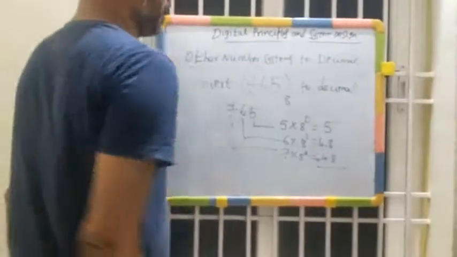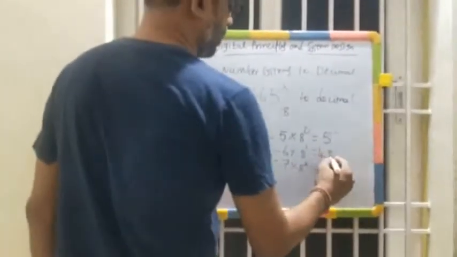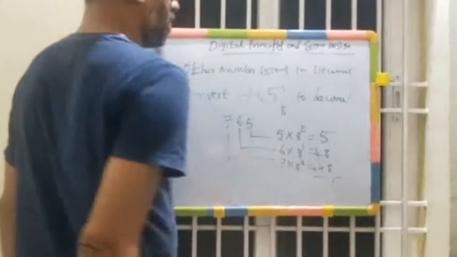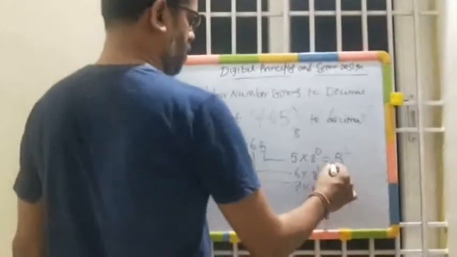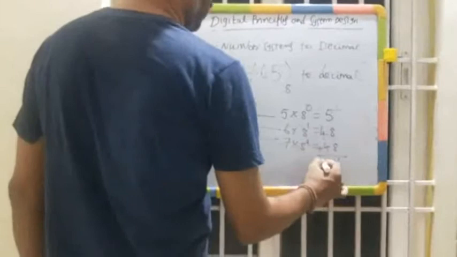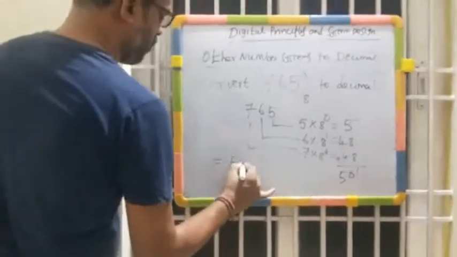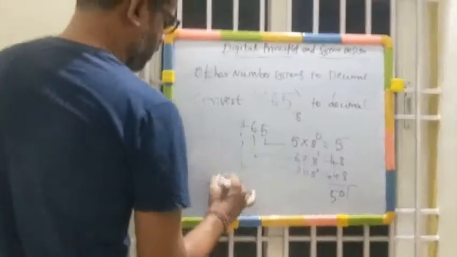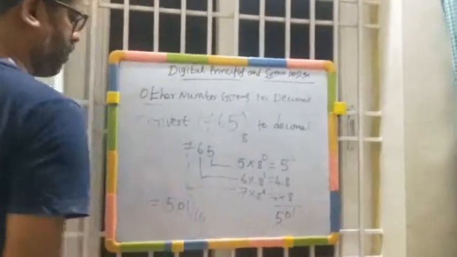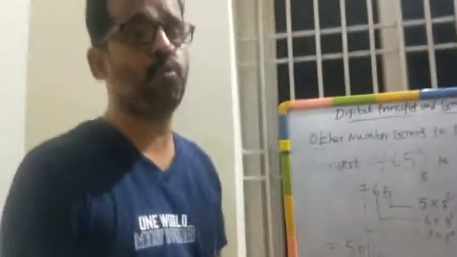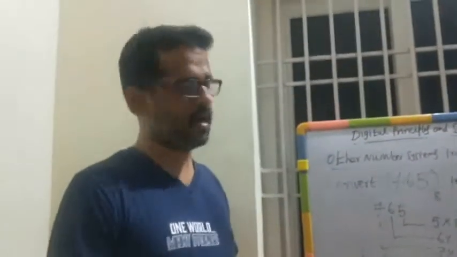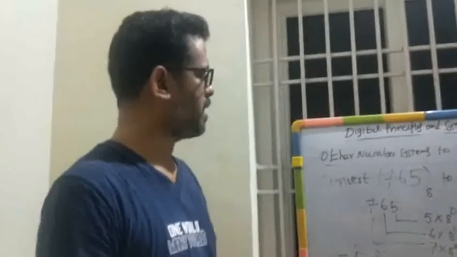So what you will be getting by adding this sum? The result would be 501 base 10. Remember, you should not forget to represent the corresponding base or radix of a number system. Is it clear?